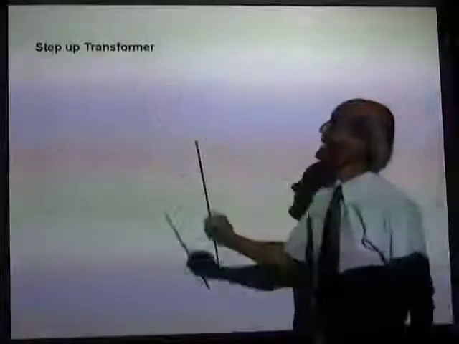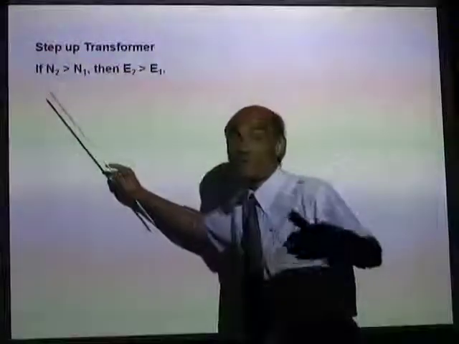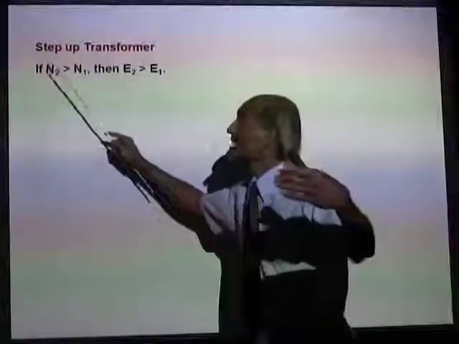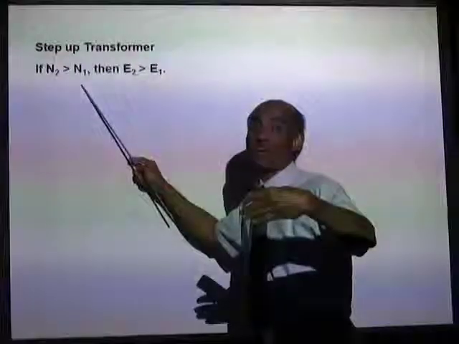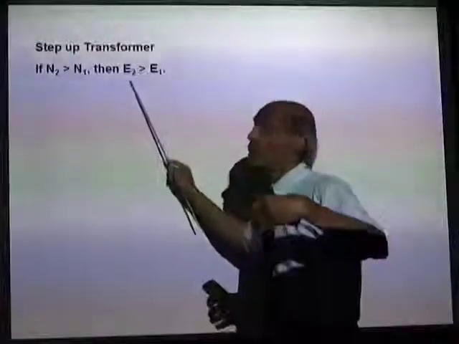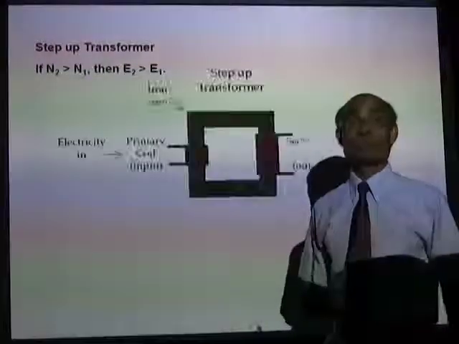Now, what is therefore a step-up transformer? If N2, the number of secondary windings, is greater than the number of primary windings, then the secondary voltage or the output voltage will be greater than the input voltage.